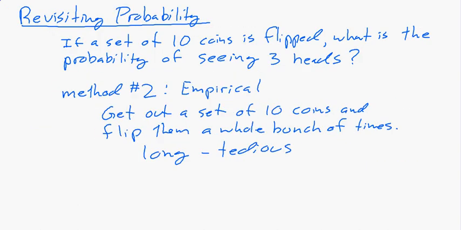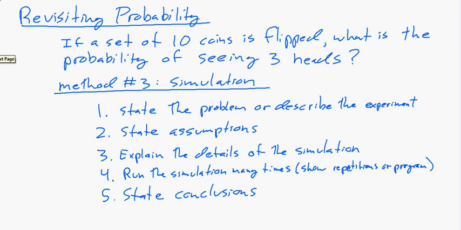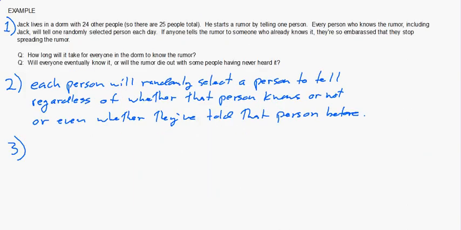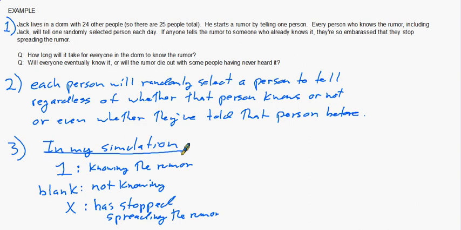Step 3, whoops, went too far. Explain the details of the simulation. All right, this is where it gets pretty important and you start working out the details. To start with, in my simulation, I'm going to use the number 1 to represent people knowing the rumor. A blank is going to represent not knowing the rumor. So every person is going to have either a 1 or a blank.